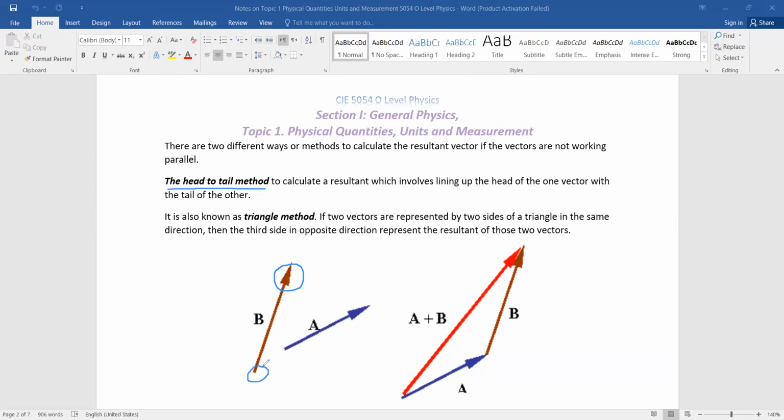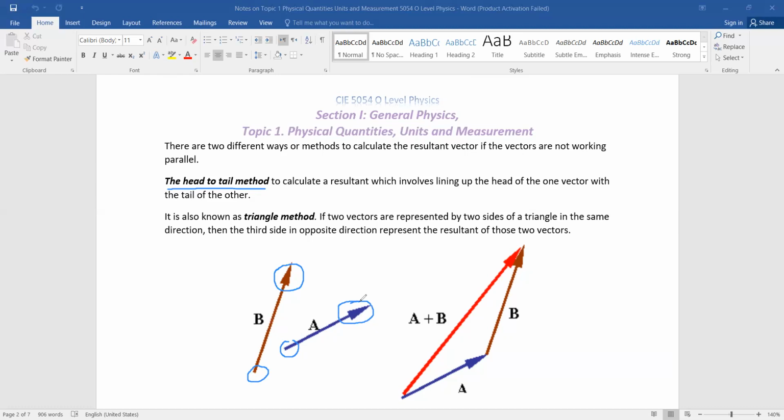Now we have another vector A. We have to take the tail and head from these two vectors.